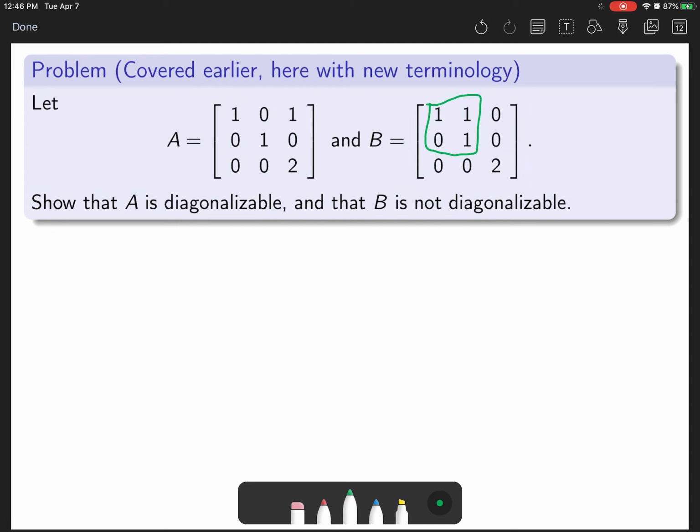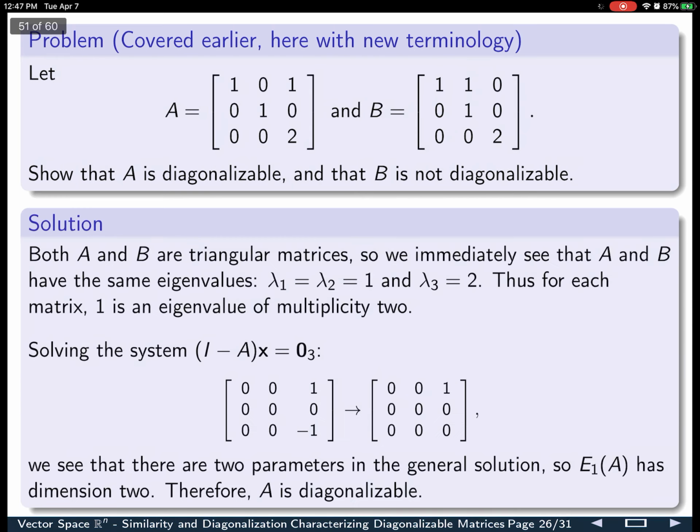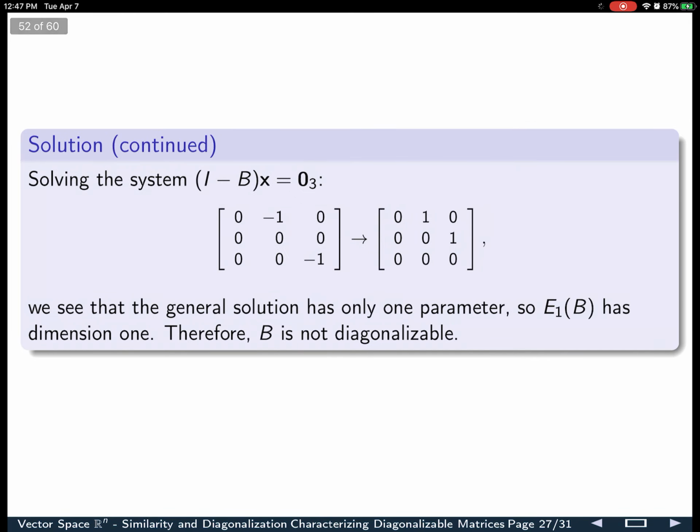I'm kind of getting sidetracked. But you'd see that B doesn't have enough linearly independent eigenvectors associated with lambda equals 1.